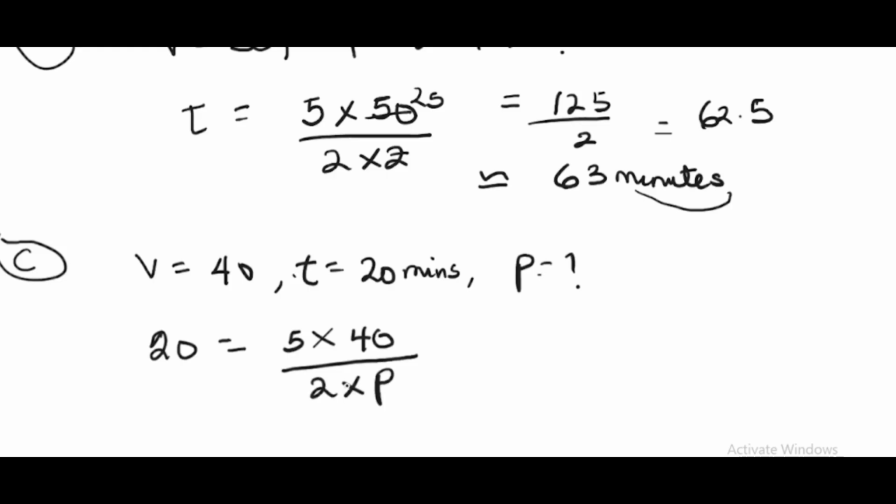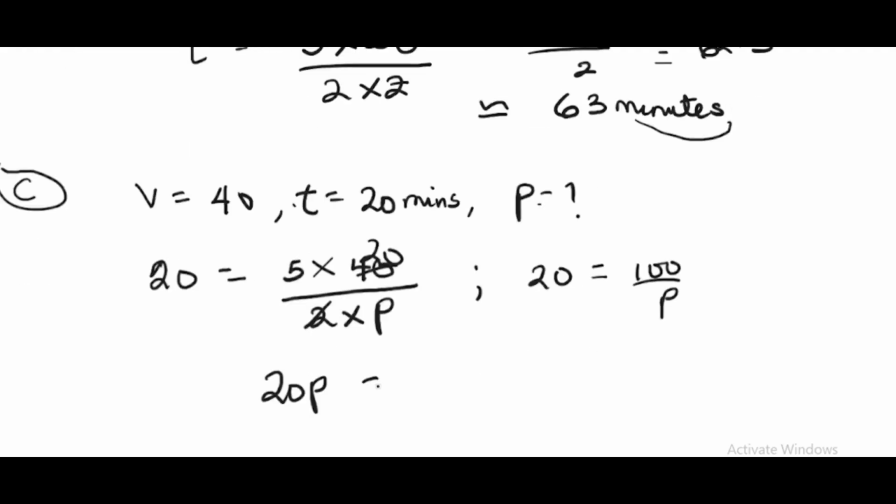So from here, 2 here will give us 20. So we have 20 equal to 5 times 20 will give us 100 over P. So if we cross multiply, we will have 20P equal to 100.